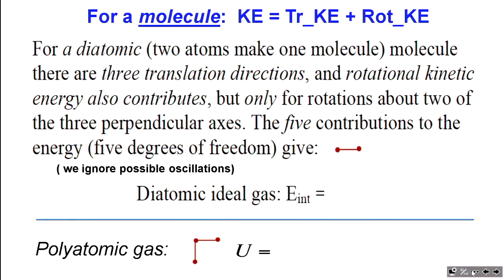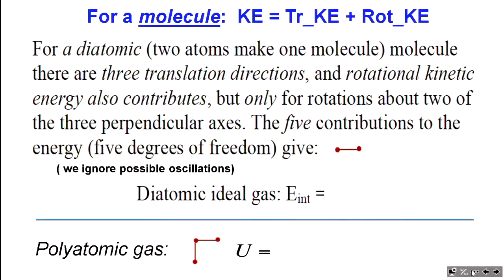So to include rotational kinetic energy, we just have to count how many independent rotations we can observe. So for a diatomic gas, when it spins like this, it requires some energy. When it spins like that, it requires some energy. But if it spins like that, it doesn't require any energy.